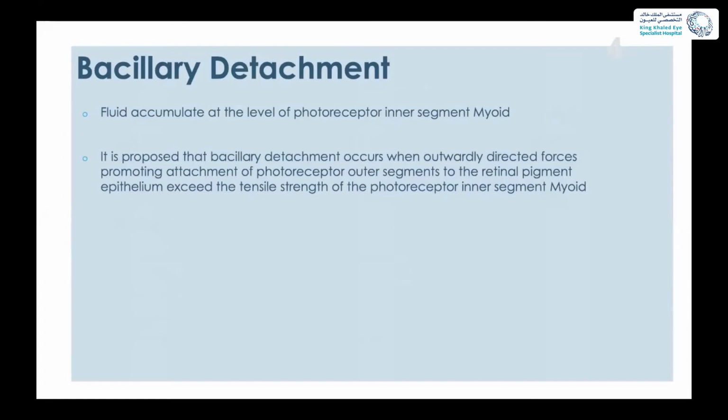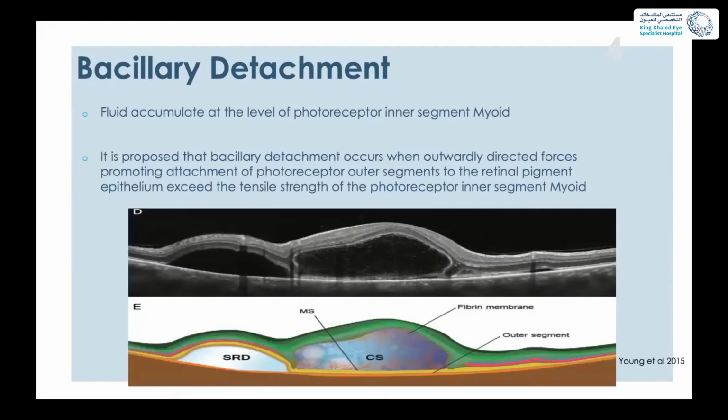outwardly directed force promoting attachment of the photoreceptor outer segment to the RPE exceeds the tensile strength of the photoreceptor inner segment myoid, so that the fluid will accumulate in the myoid space between the inner segment and outer segment in the outer nuclear layer. And this is one photo from a Japanese article.